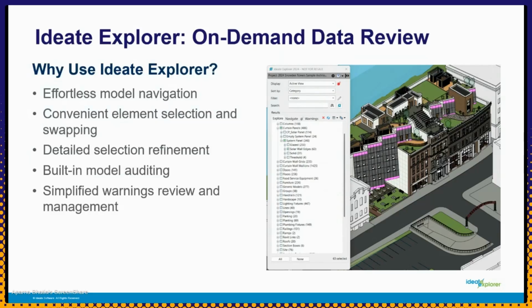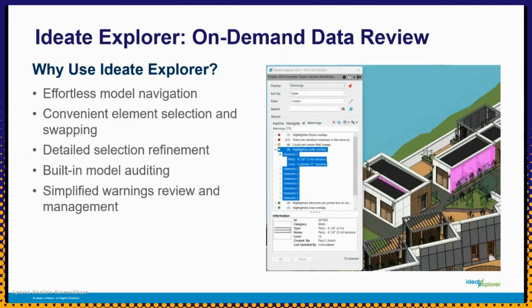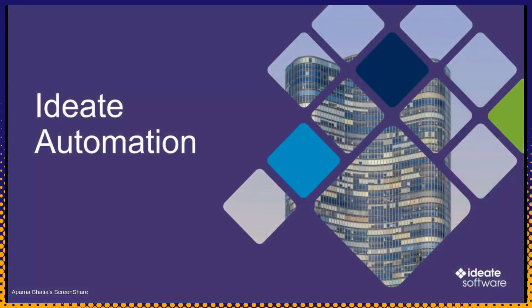And this allows you to quickly understand and work smarter within your model or within your subcontractor's model. We know a lot of times we're dealing with models other people have created, and that can be a challenge. Explorer also includes a way to review and rank Revit warnings, which is really critical to Revit model health. Next.